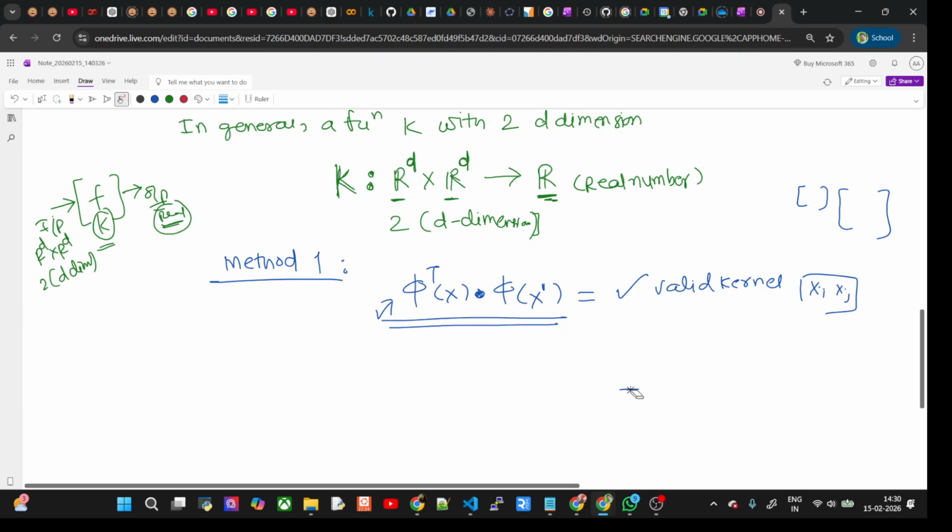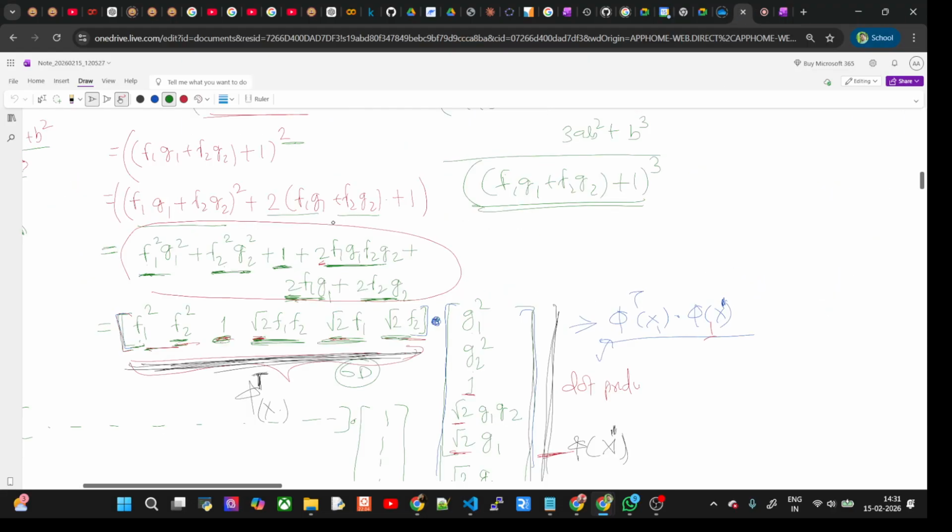So in our earlier example, I will just show you this f1 g1 square, f2 g2 square, okay?